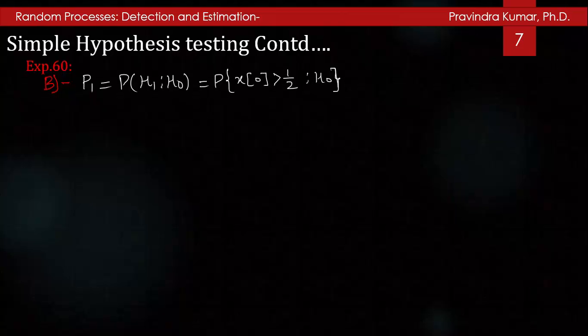Type first error means probability of false alarm, that is, the probability of deciding the hypothesis H1 when H0 is true. So it will be the probability of X0 greater than 1 by 2, because we have decided H1 and given H0 is true.